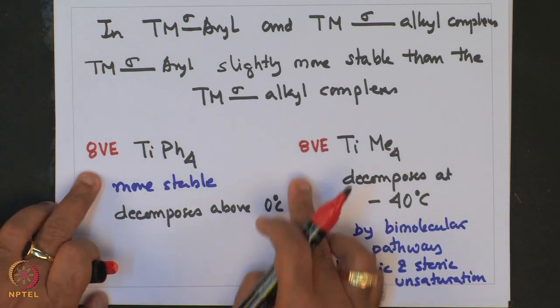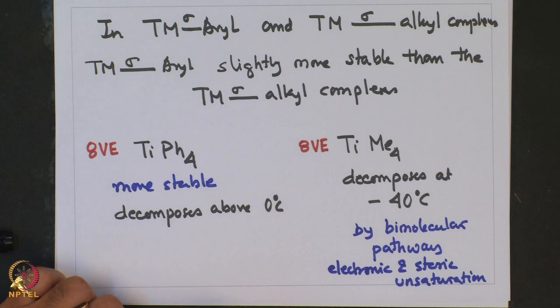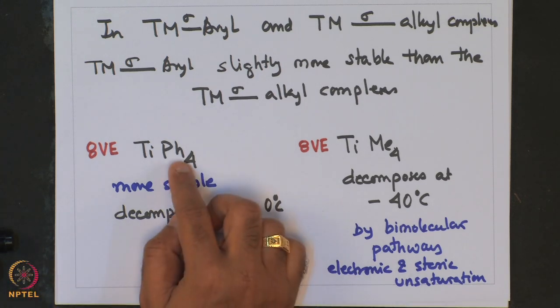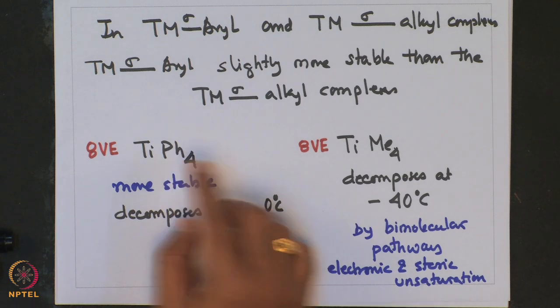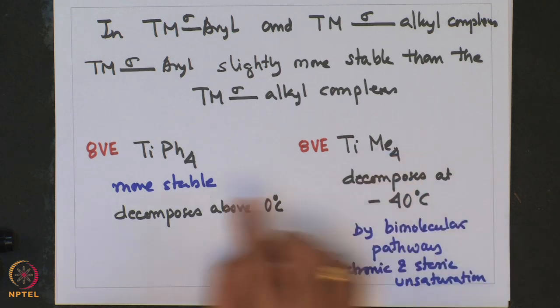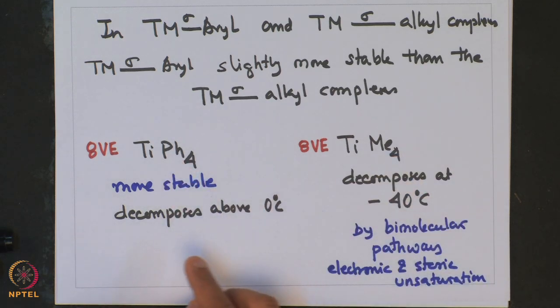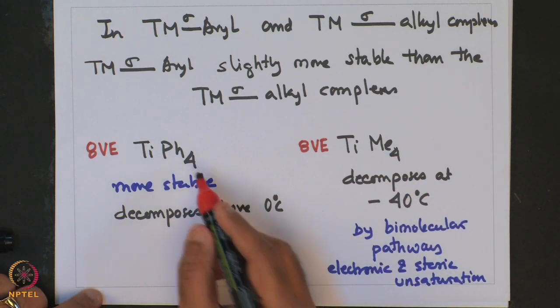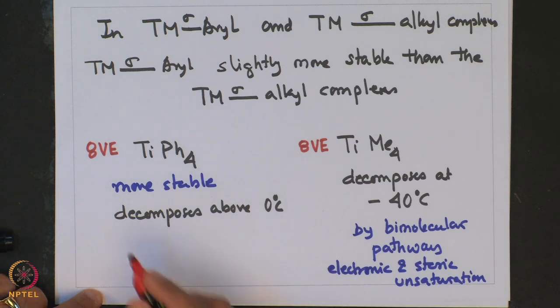So, electronically they are equally unsaturated. However, as phenyl groups are bulkier than the methyl groups, sterically titanium tetraphenyl is more saturated.